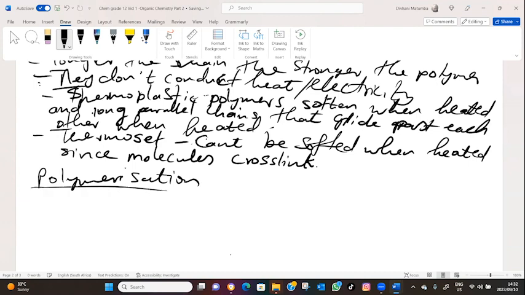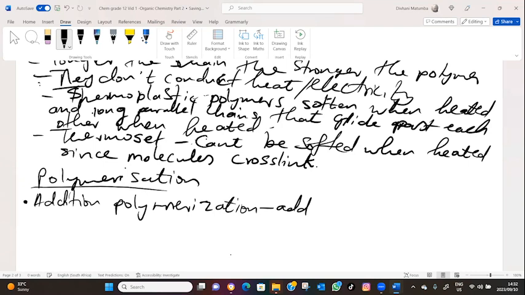The first one, addition polymerization. With addition polymerization, add the same monomer.